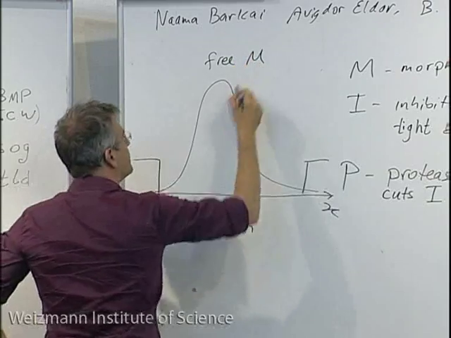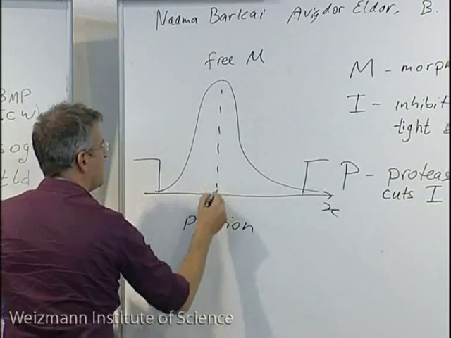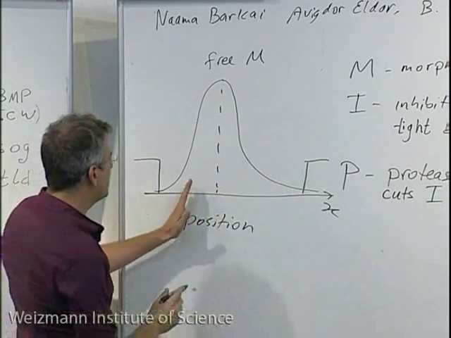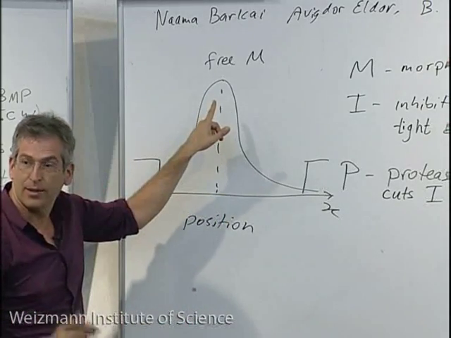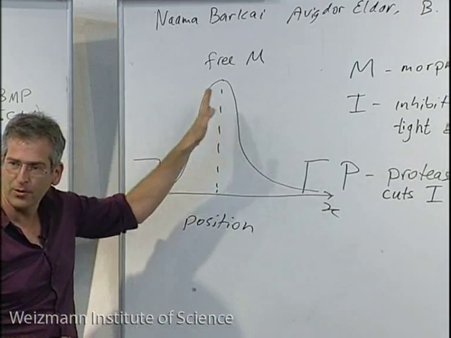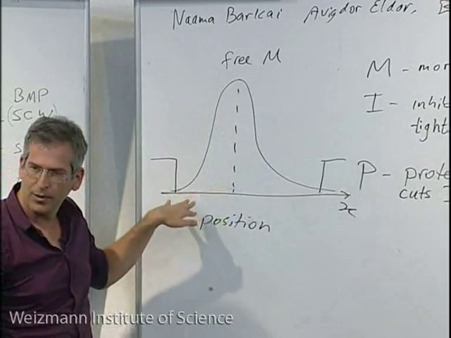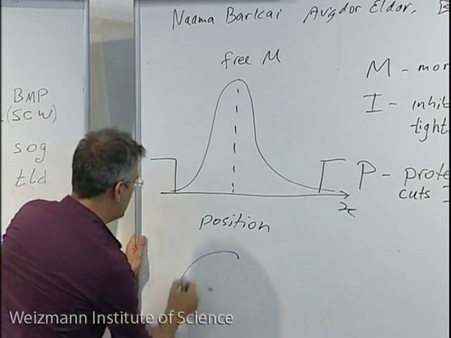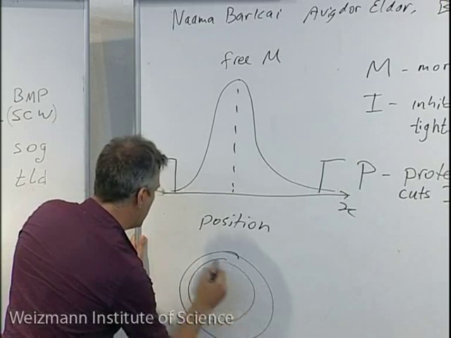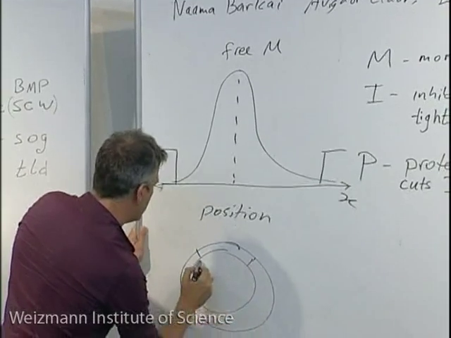For the patterning to work, the free or active morphogen should be high in the middle and go down towards the ends. Here the axis is position along the circle, this is x.